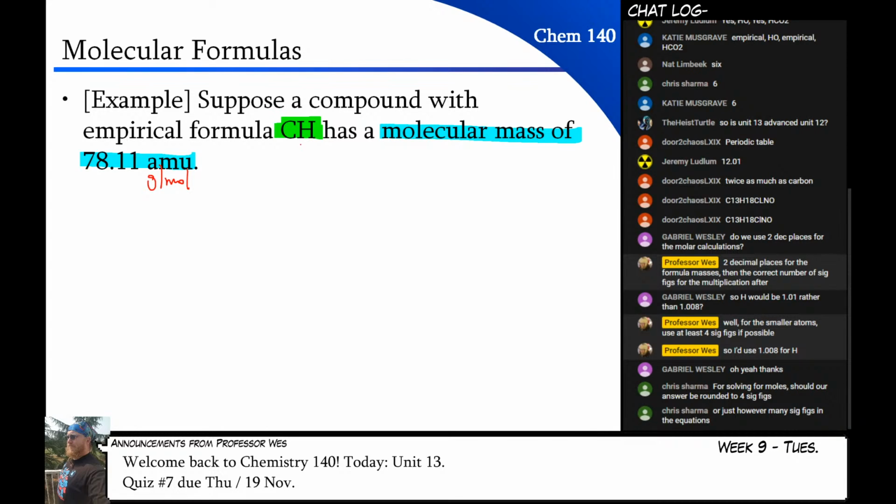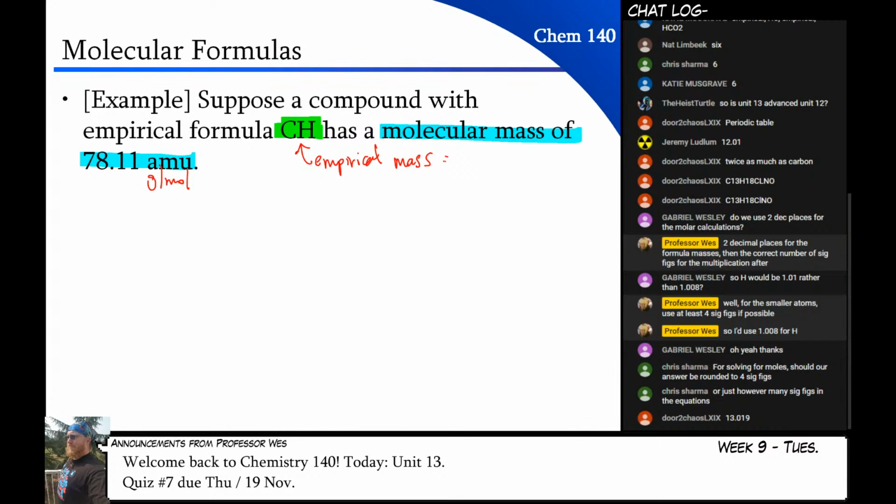So what I need to do is figure out the empirical mass. That's just carbon and hydrogen added together. So it's going to be 13 something, but let's get a few more sig figs. 13.019 is what I got. Yeah, I get to keep all those from this periodic table.